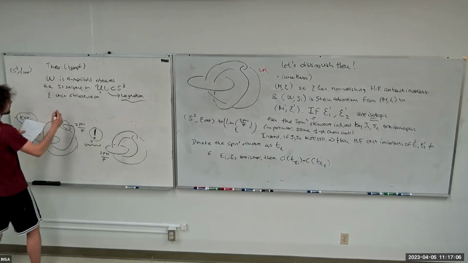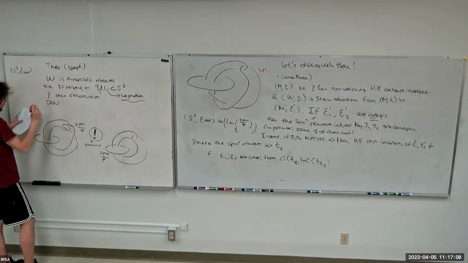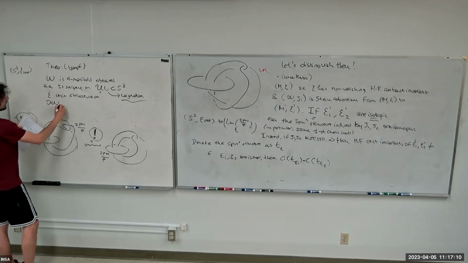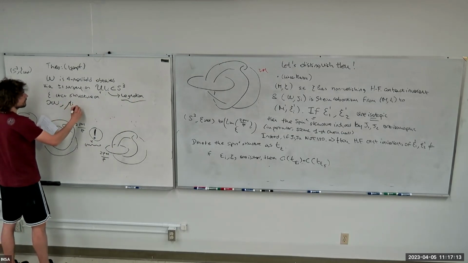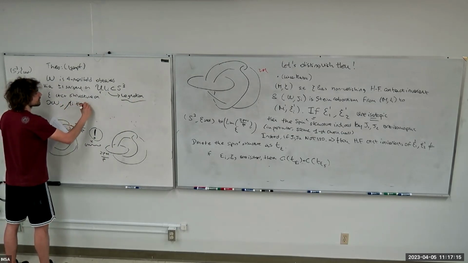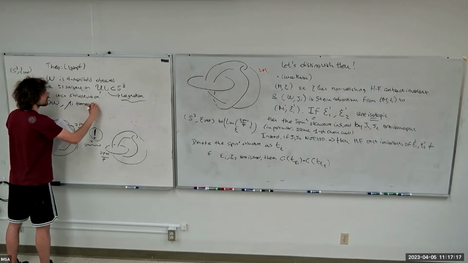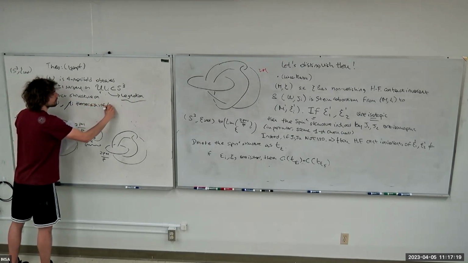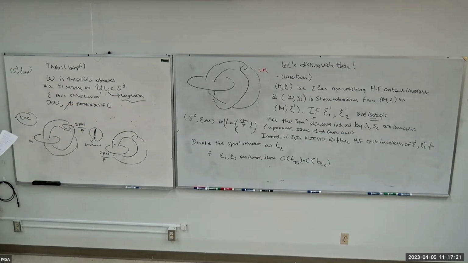Contact structure induced the omega, and I take mu_i, which are the meridians of my link components.